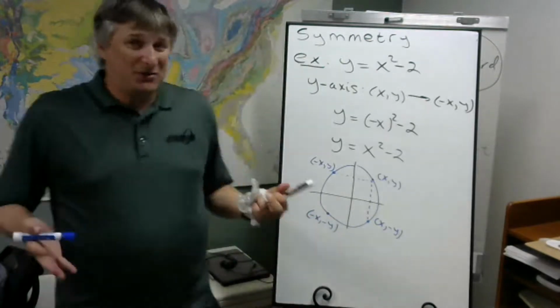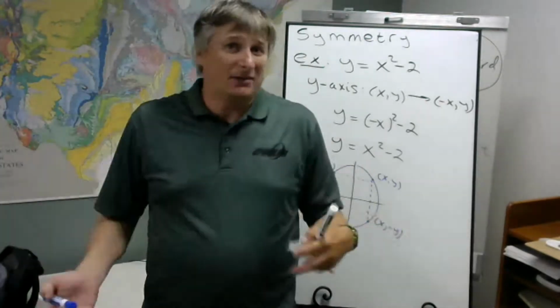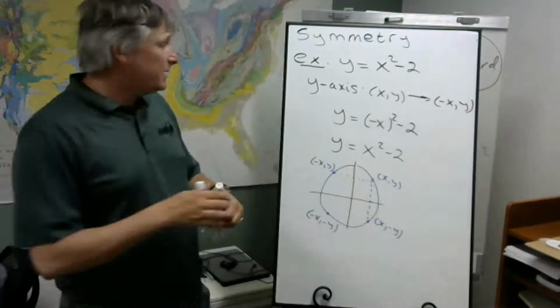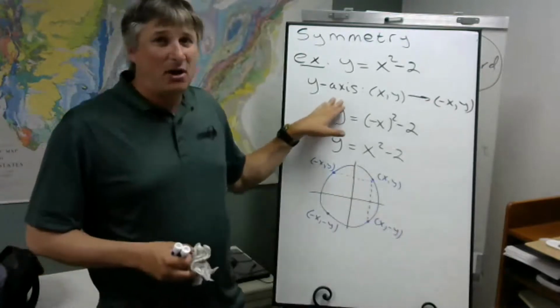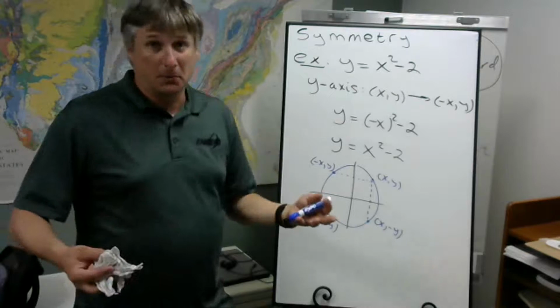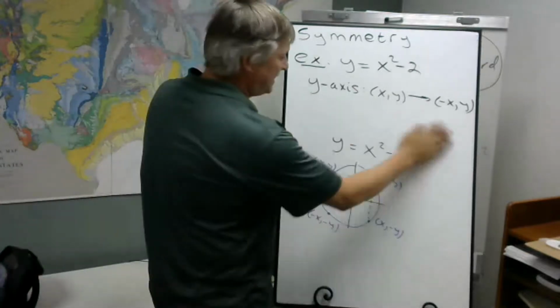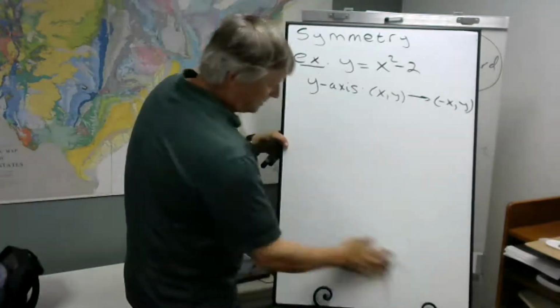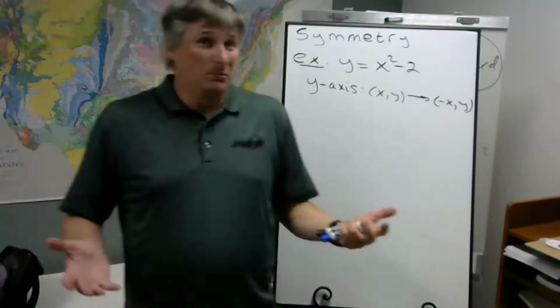So a circle is symmetric across the x-axis, y-axis, and origin. What this means is we want to test all of our symmetries on this equation to see if there are others that work. And for some equations, none of them work.